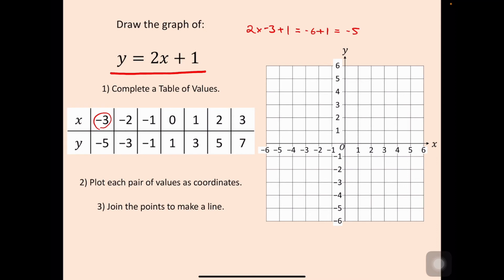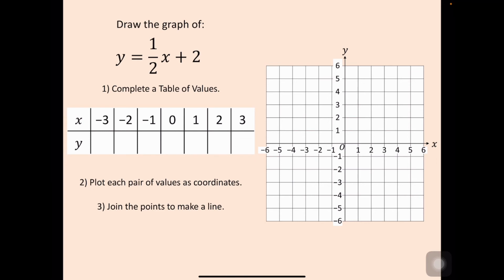Oh, okay, all of them are up there. But again, you could substitute one by one and you should get all of these values. Again, one easy way of checking to see if they're correct is if they are indeed going up by 2 each time. And we can see that they all are. Plot each pair of values as coordinates. And here is our line.